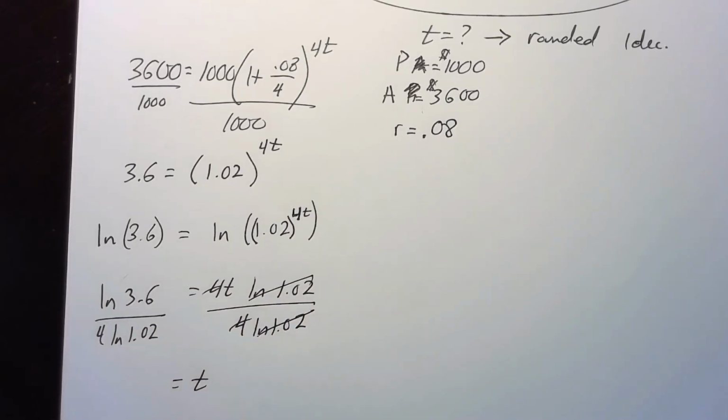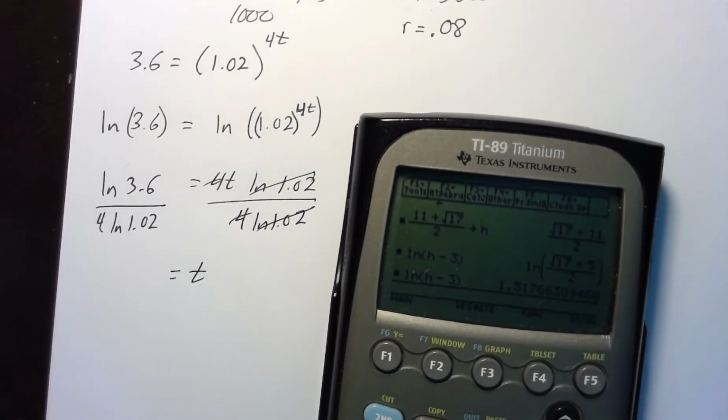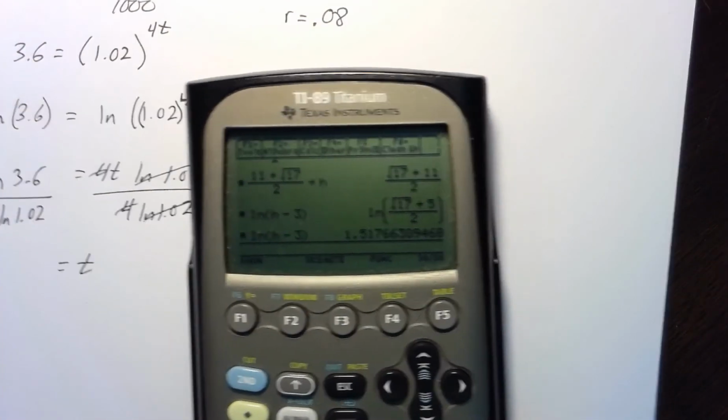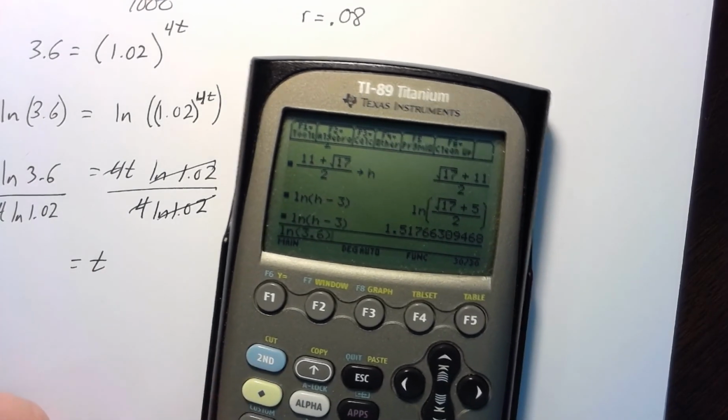I'm going to pull my calculator out one more time for this, because in most cases when we're solving these equations, we're going to want to get this number to the nearest tenth. So I'm going to enter very carefully the natural log of 3.6, ending my parenthesis for that value.